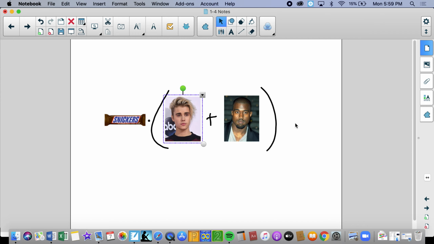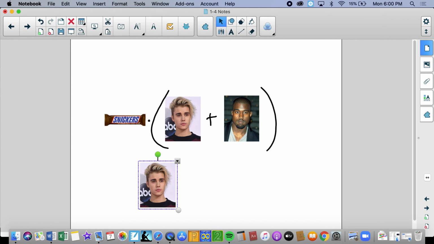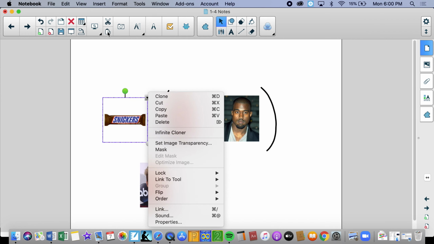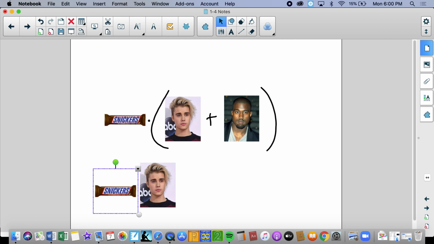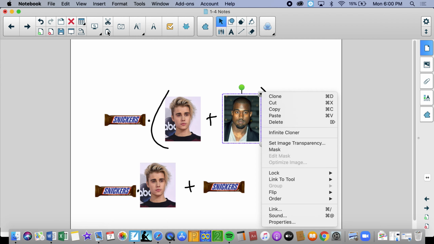So you would get, copy, paste, Biebs with a Snicker bar, times, plus, let's do another, you'd get Kanye with a Snicker bar, right?